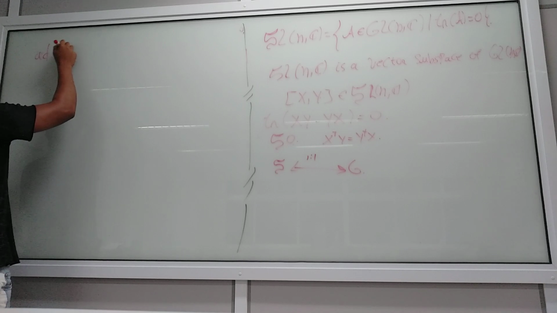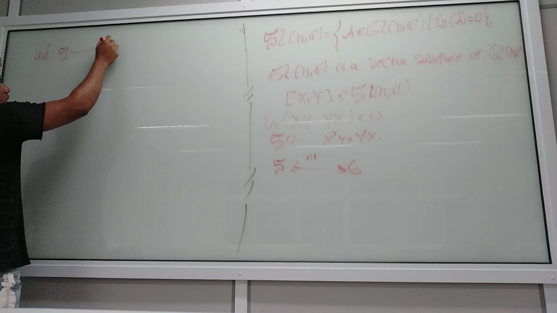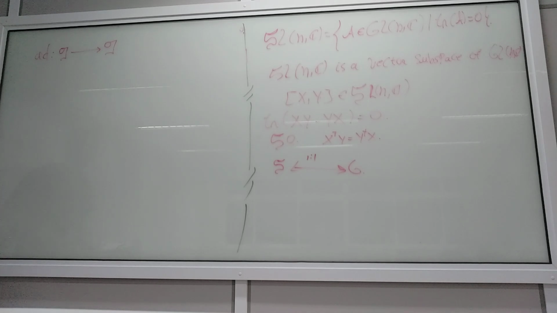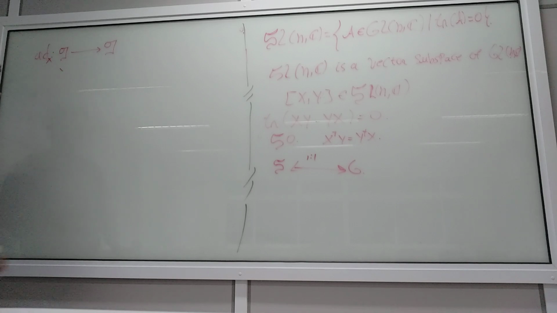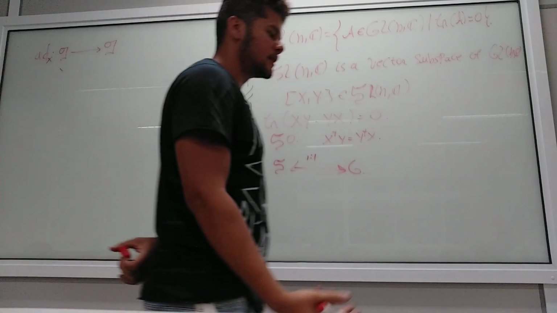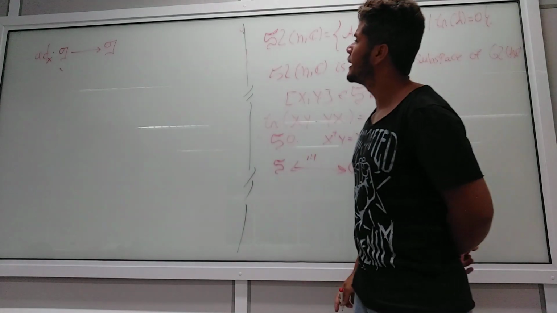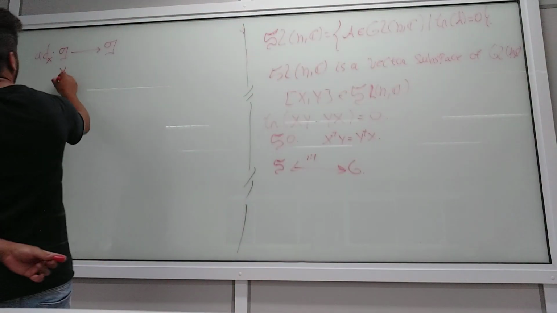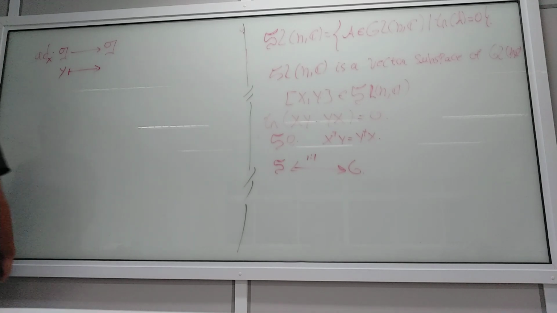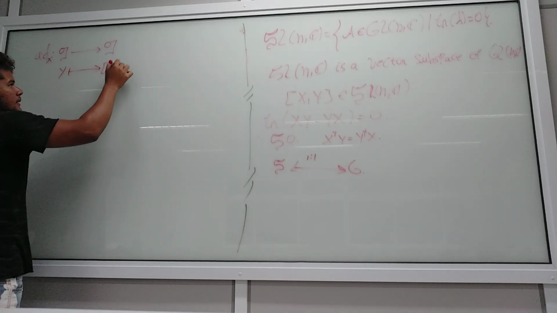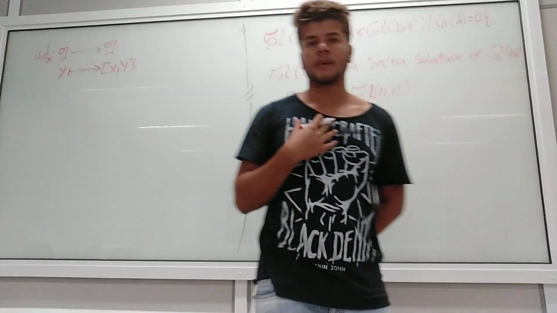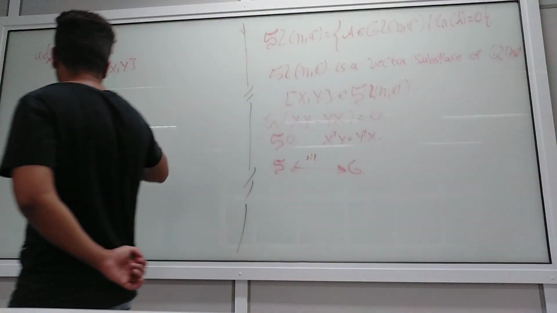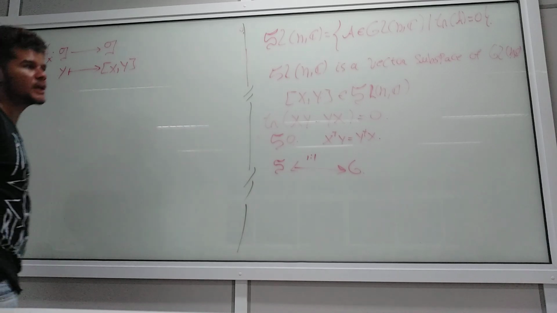It's a linear transformation from G to G, and this adjoint transformation depends on an element X, and it sends y to the bracket X bracket y. This is a linear transformation because the bracket is a bilinear transformation.